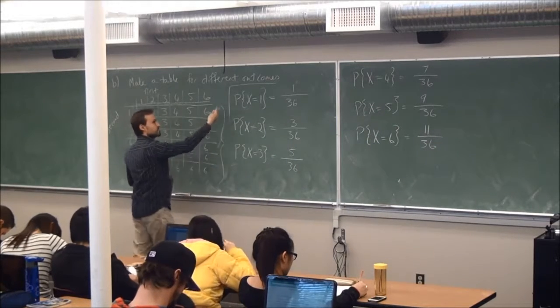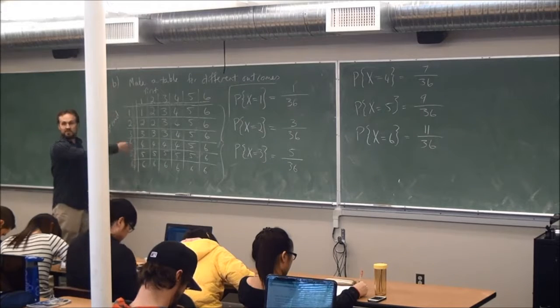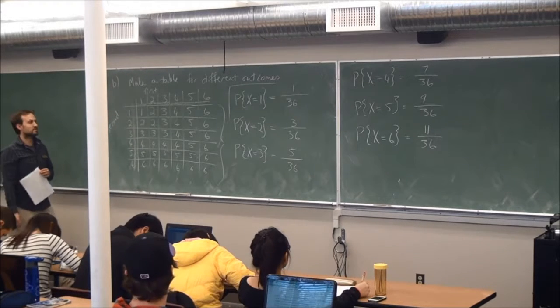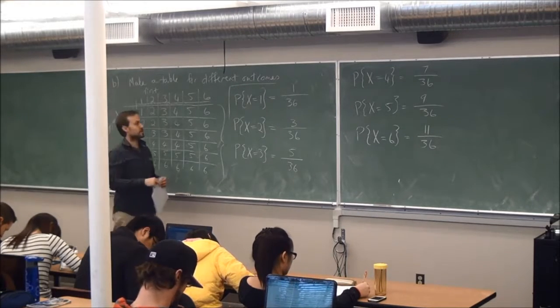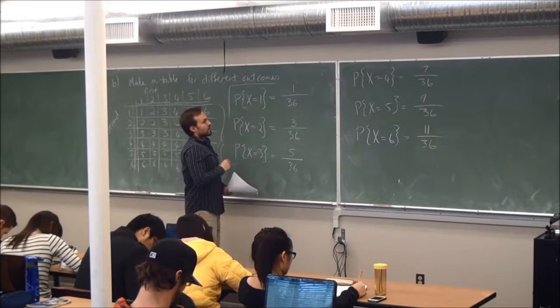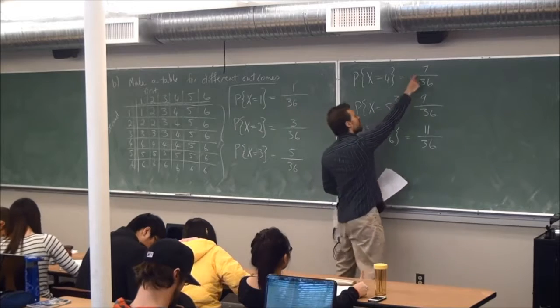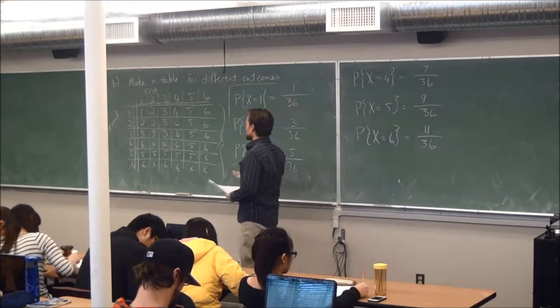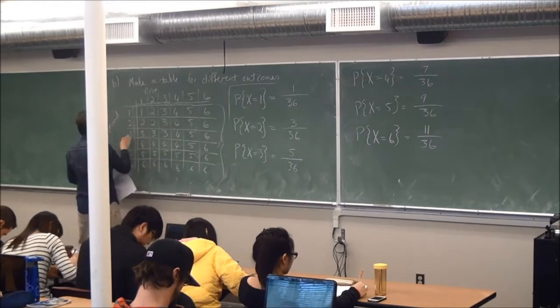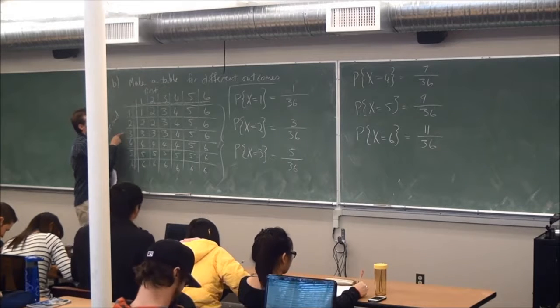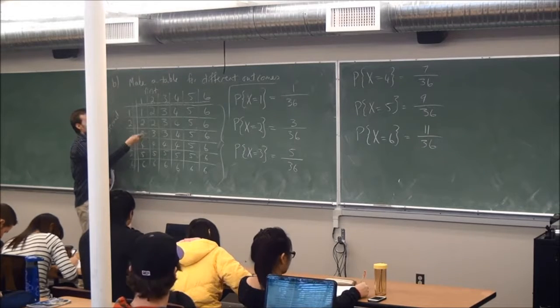Now it's all good and well to list them like this, but what if I have a bunch more? Then the listing method is going to get a little bit clumsy. Can I find a pattern in these numbers? Well, if I look at the table, that might help me. Look at 3, for example. If I'm in row 3, I'm counting the number of 3s.